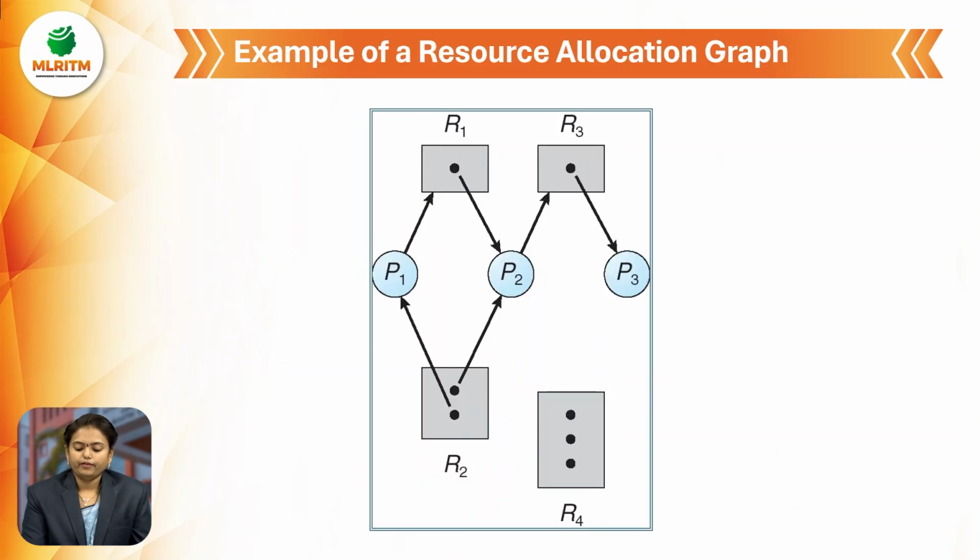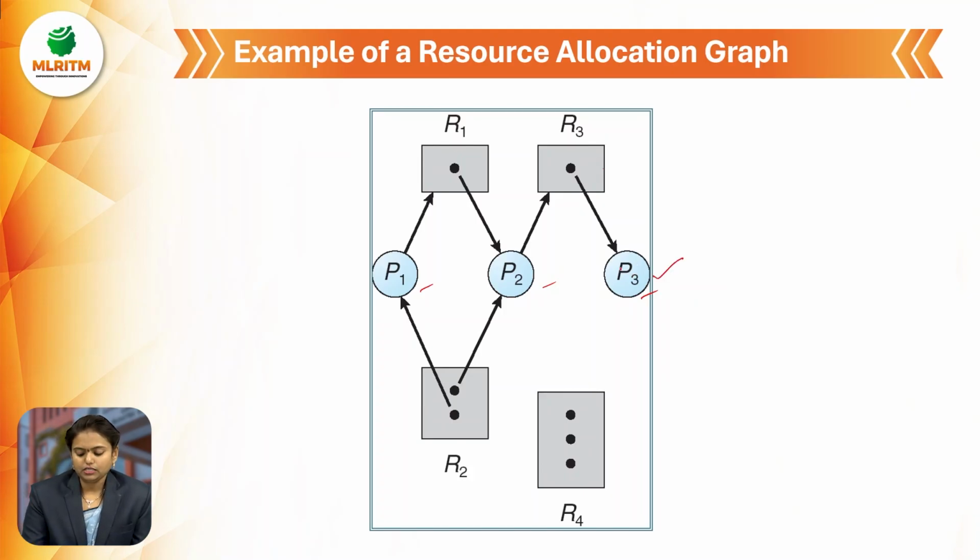For example, we have this example of a resource allocation graph. P1, P2, P3 are the three processes, and R1, R2, R3, R4 are the resource types with some instances. In this case P3 executes first.